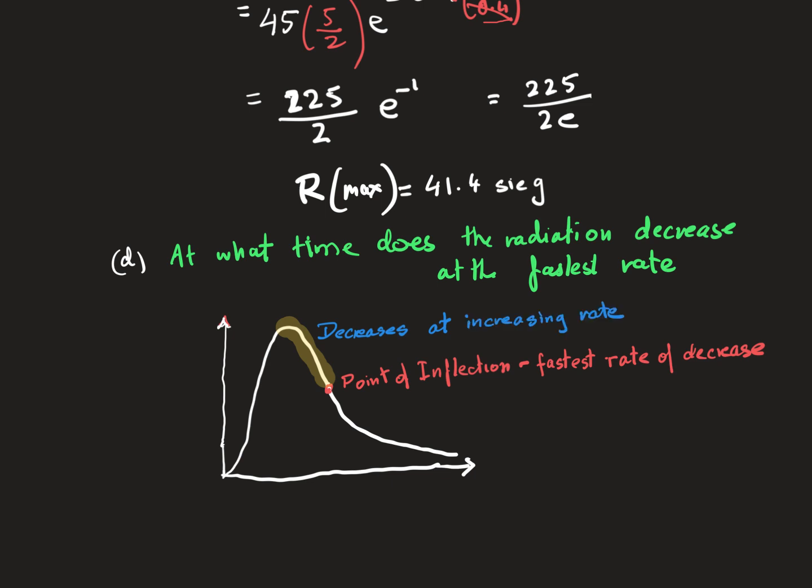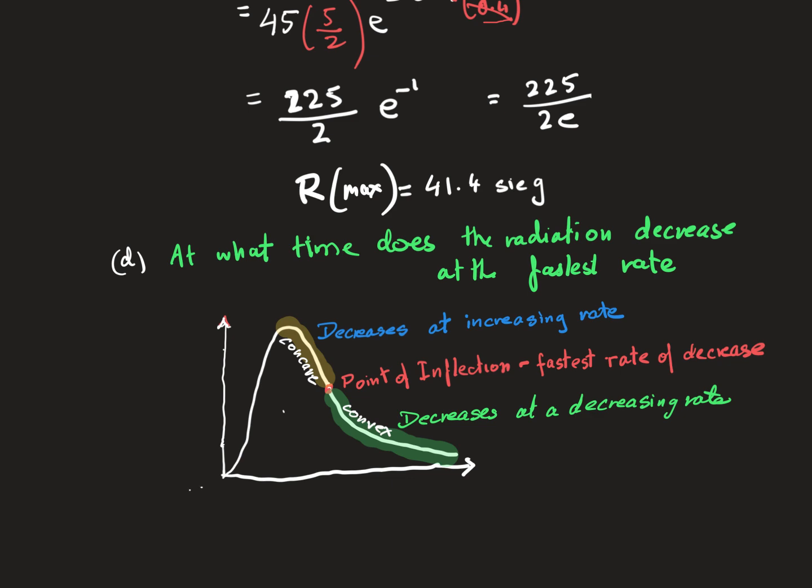Increasing rate. That's really important, okay? And in here, it decreases also, but it decreases at a decreasing rate. And this is where it is concave and convex, okay? So we've got these two.